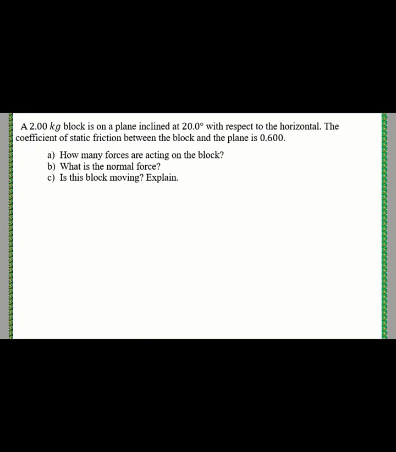A 2 kilogram block is on a plane inclined at an angle of 20 degrees with respect to the horizontal. The coefficient of static friction is 0.6. How many forces are acting on the block? 3 forces. One due to gravity, which is the weight, Fg.